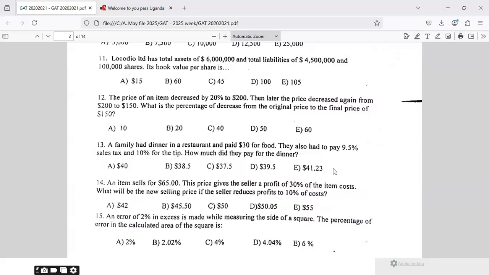Remember, the family had a dinner and they're paying $30. But in addition to the $30, they had to pay 9.5% sales tax and 10% tip. Now they're asking for the total. So that one is very simple. The family paid that money, but there are some other extra costs they incurred in addition.